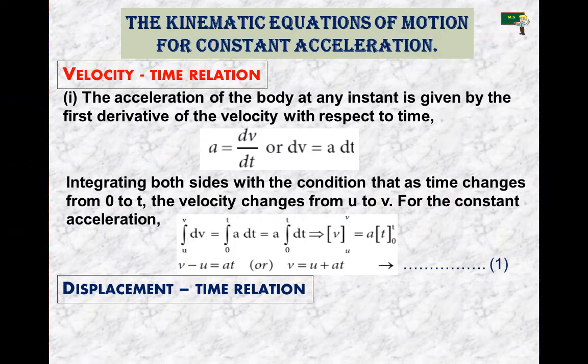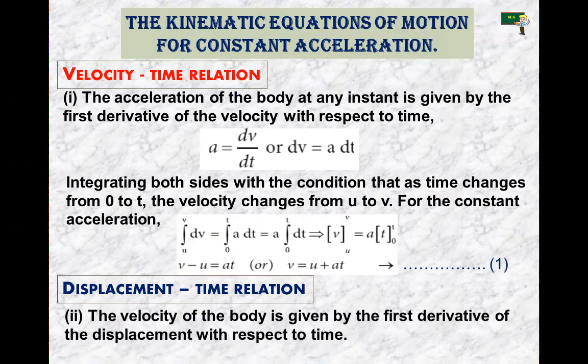Let me introduce another one, the displacement time relation. The velocity of the body is given by the first derivative of the displacement. Already in the velocity time relation we saw the acceleration of the body is given by the first derivative of the velocity.